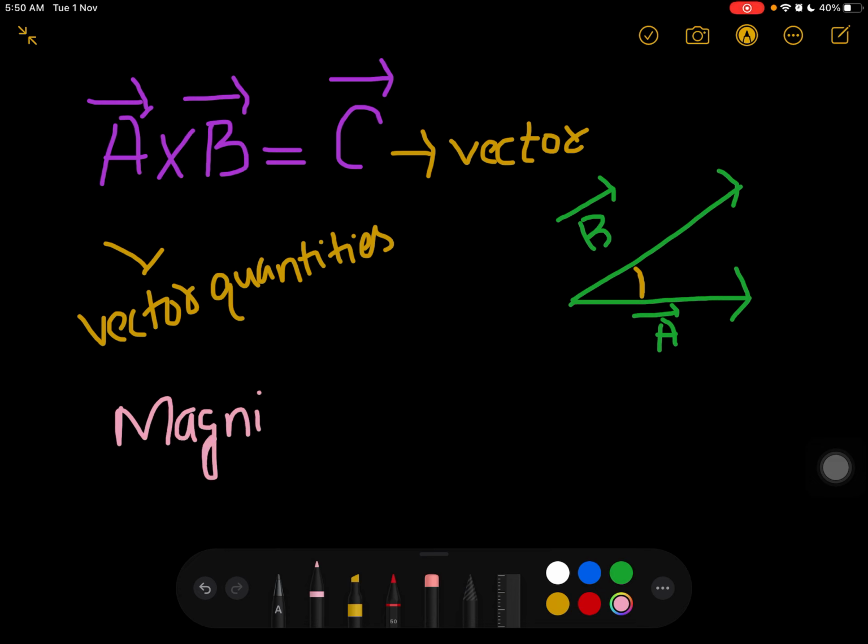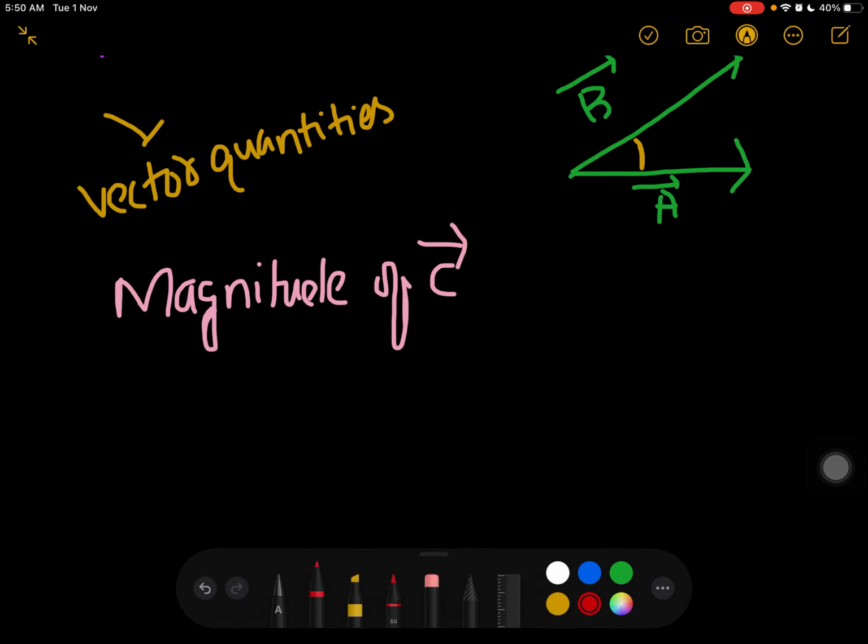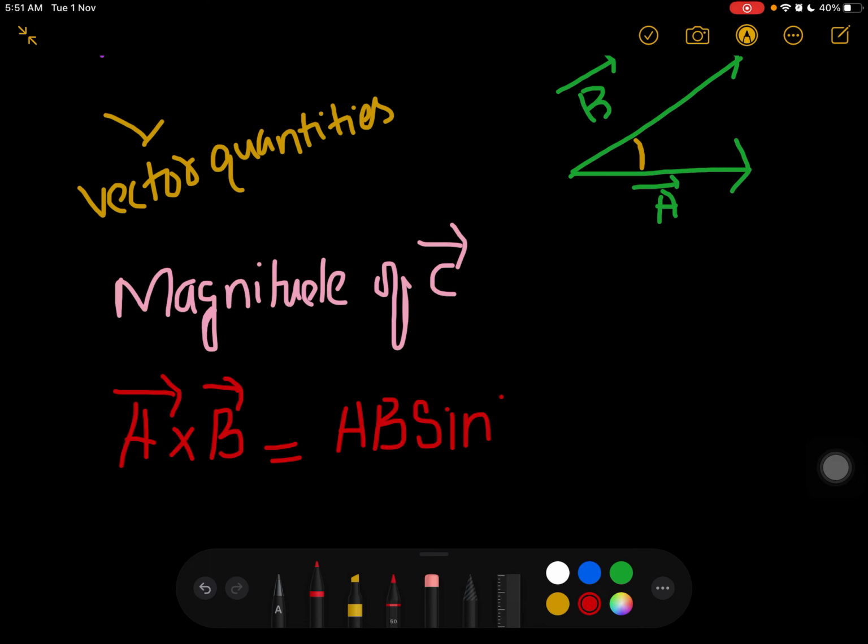A vector quantity has magnitude and direction, right? So the magnitude of C will be equal to A B sine theta, or you can write this as magnitude of A times magnitude of B times sine theta.